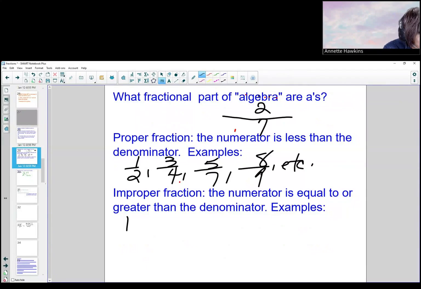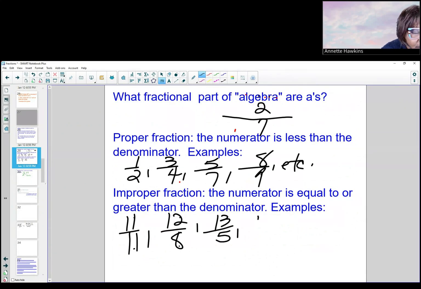So 11 over 11, the numerator is equal to the denominator. 12 eighths, the numerator is greater than. Okay? 13 fifths, 101 over 72. So these are improper fractions.